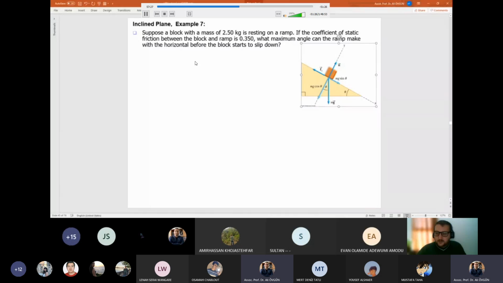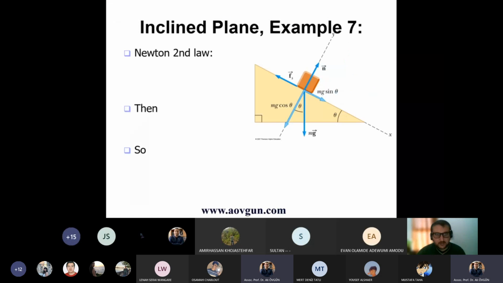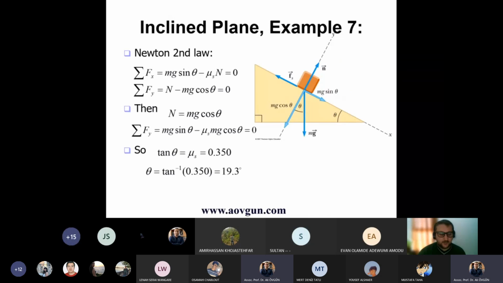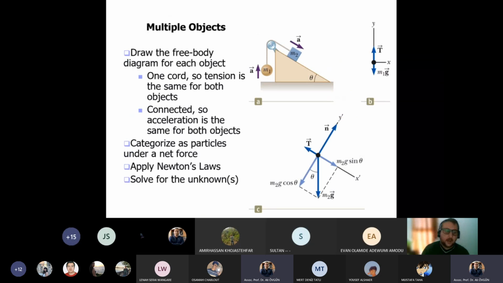After solving this example, let's continue with the next one. Another important thing is the multiple objects. If there is more than one object and they are connected with a rope or string or cord, again, you must draw a free body diagram.